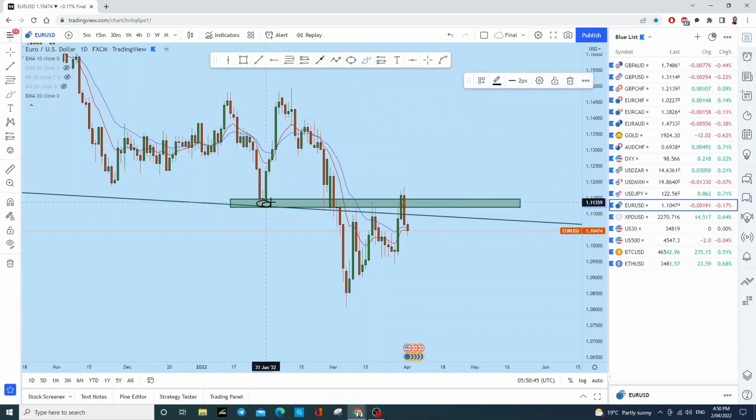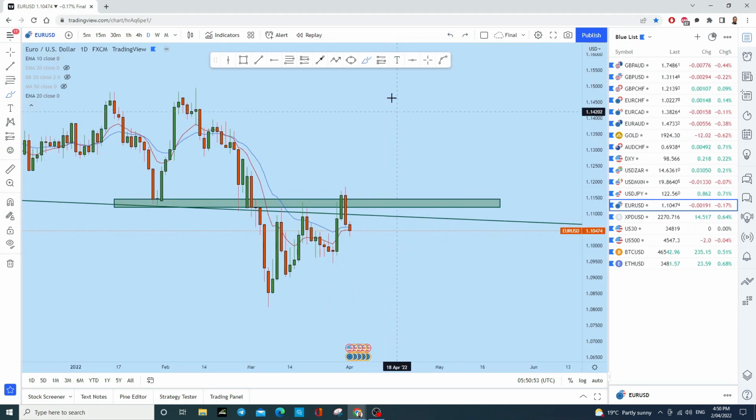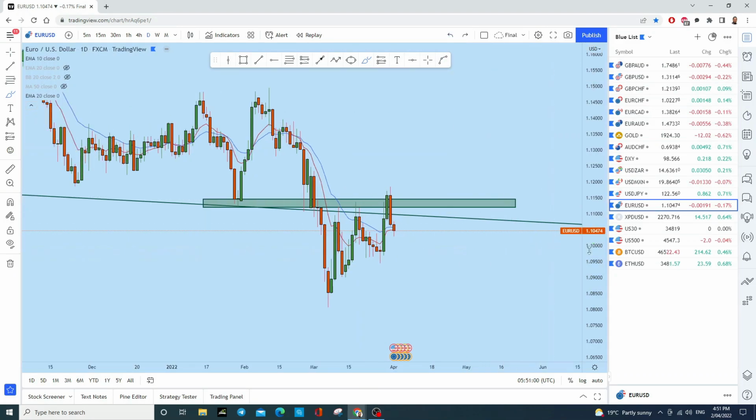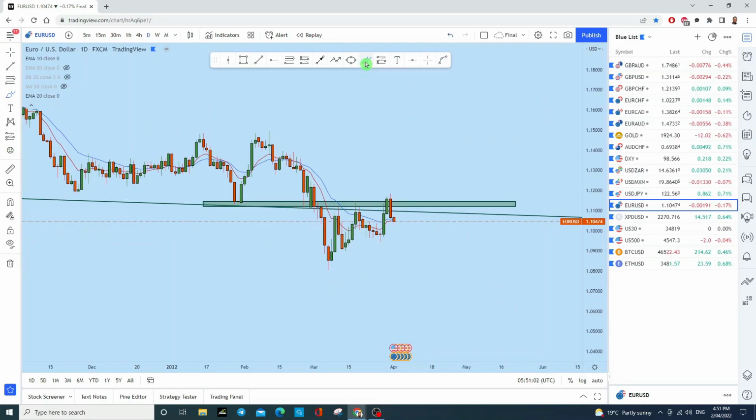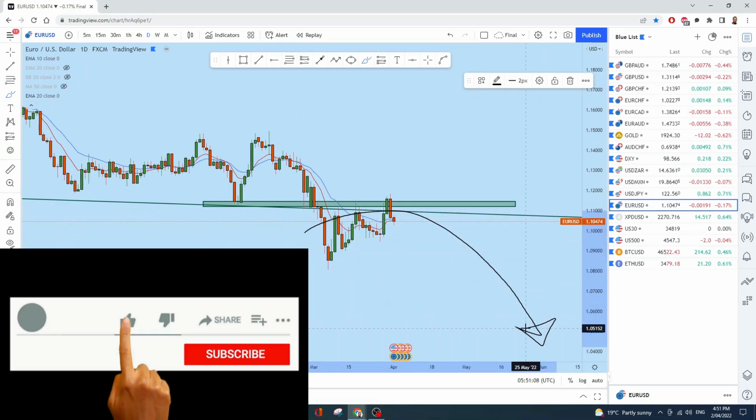You see there is a support here, price went up, created a false breakout, and then closed back below with a bearish engulfer. With that being said, I think that in the new trading week the price may go up a little bit and then should be dropping. So what I think, EUR/USD may create this kind of pattern here, and then may drop.